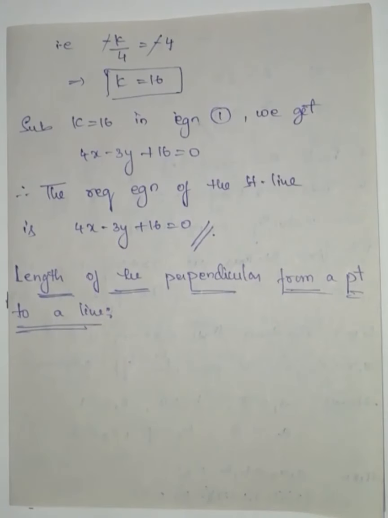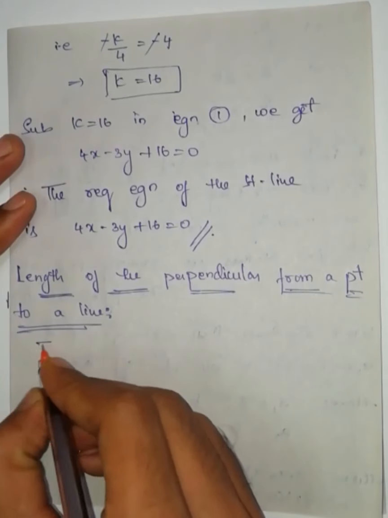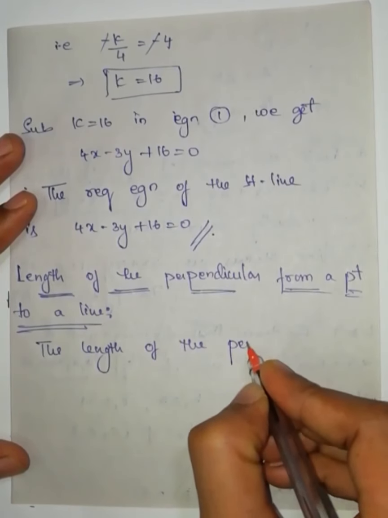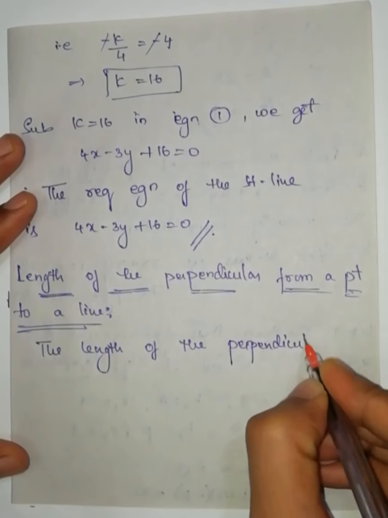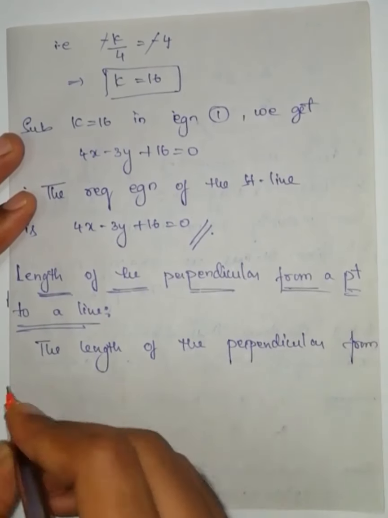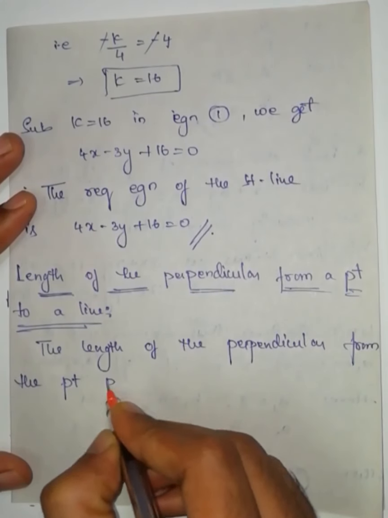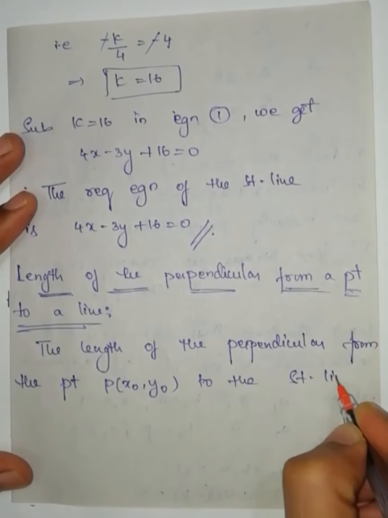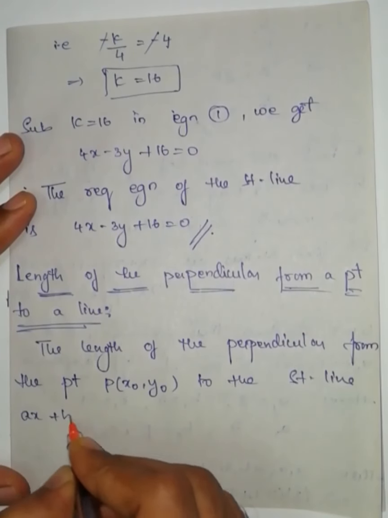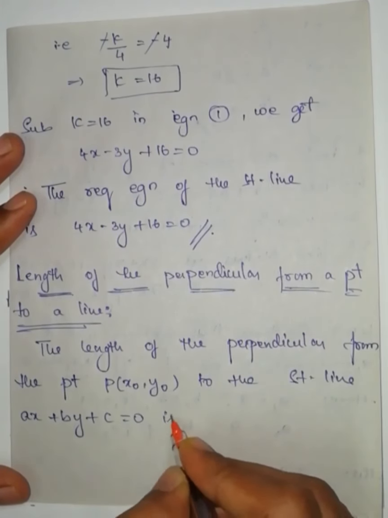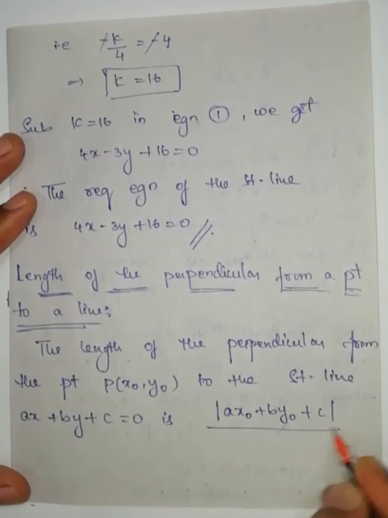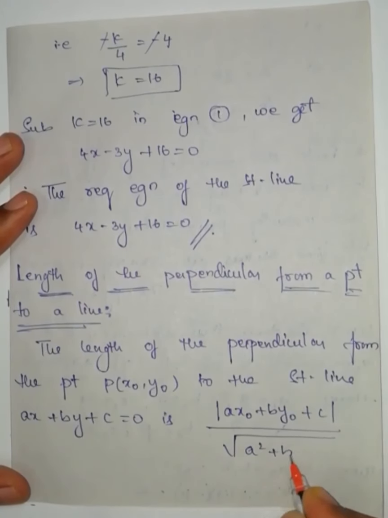The length of the perpendicular from the point P (x naught, y naught) to the straight line ax plus by plus c is equal to 0 is modulus of (a x naught plus b y naught plus c) by under root a square plus b square.